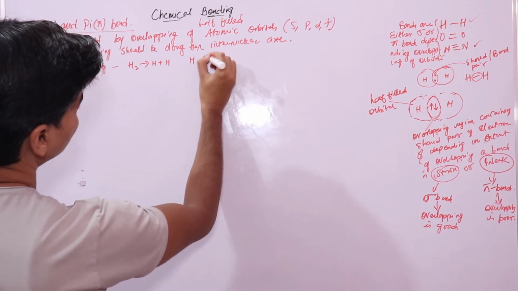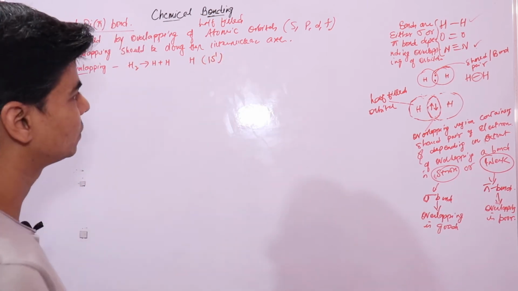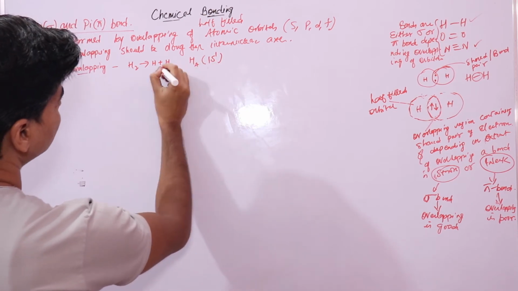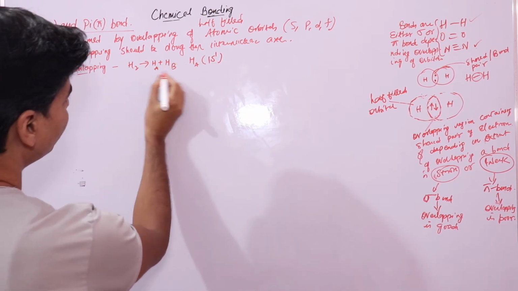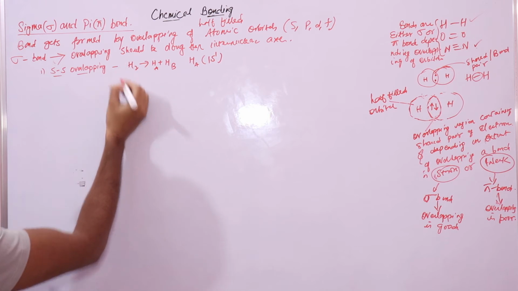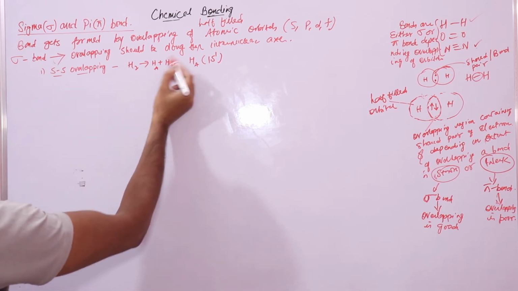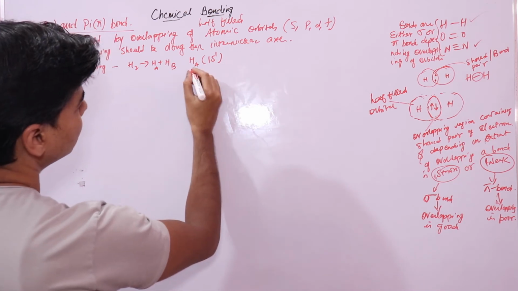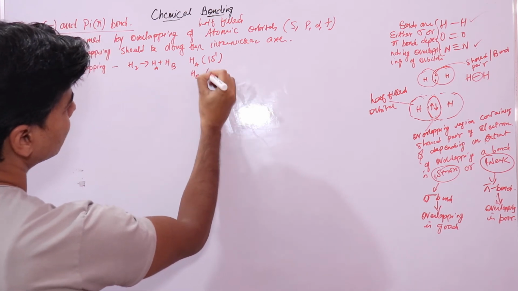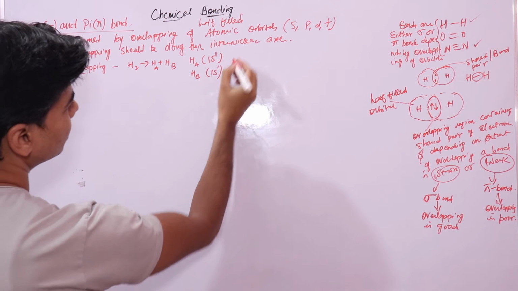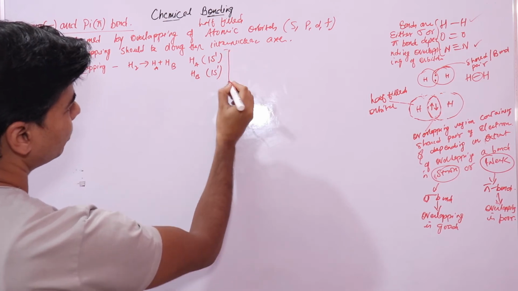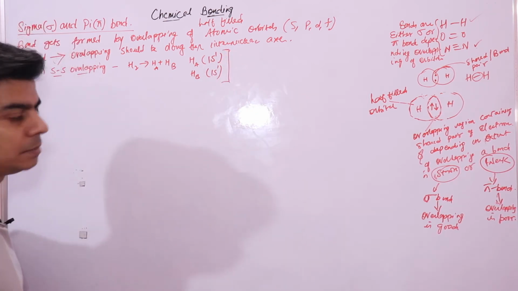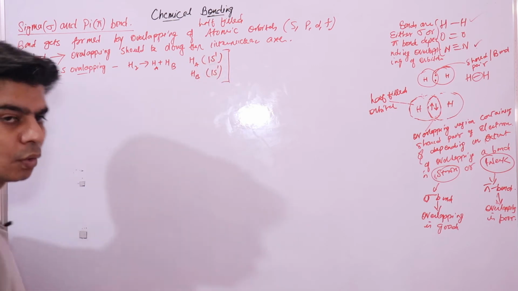So the electronic configuration for hydrogen is 1s1. Let's say this is HA and HB, two different hydrogen atoms combining to form a hydrogen molecule. Similarly HB is 1s1.